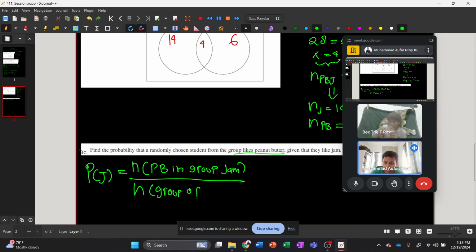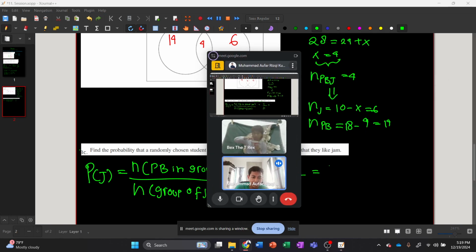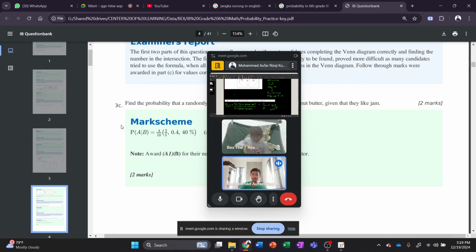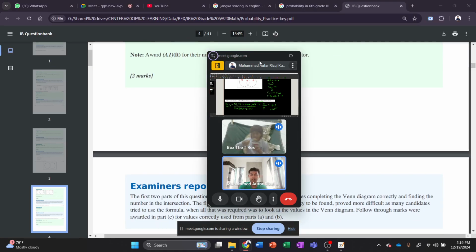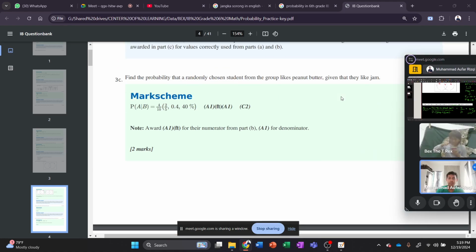The number of people who like peanut butter in the group of jam is 4, and the group of jam is equal to 10. So this will be 4 over 10. You can answer it like this, or you can change it into a percentage, 40%. Easy question, right, Bex? 40%. Good.